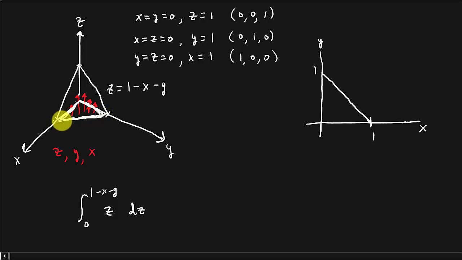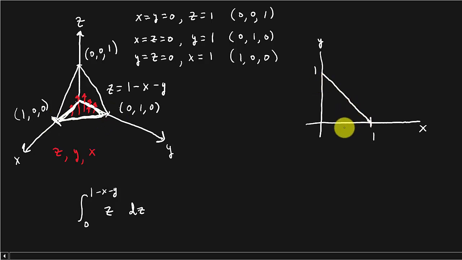You see that? We're looking at this area and I just brought it over here. See, this right here is the point 1, 0, 0. This is the point 0, 1, 0. And this is the point 0, 0, 1. Okay? So you can see it crosses the x-axis at 1, it crosses the y-axis at 1.